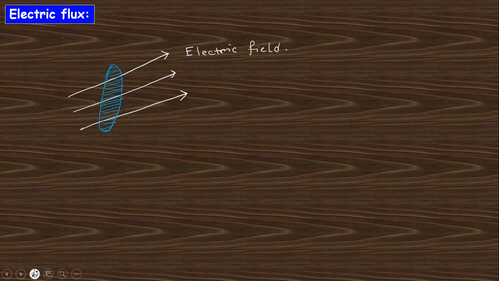So you can see here the normal of this surface will be somewhere in that direction. This is the normal of this surface and this is the electric field.